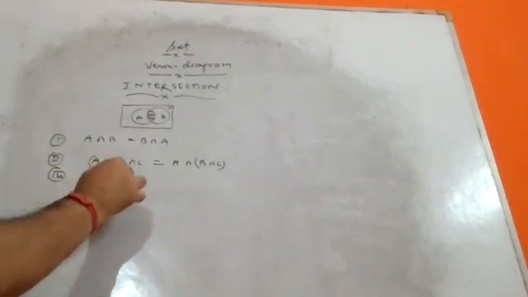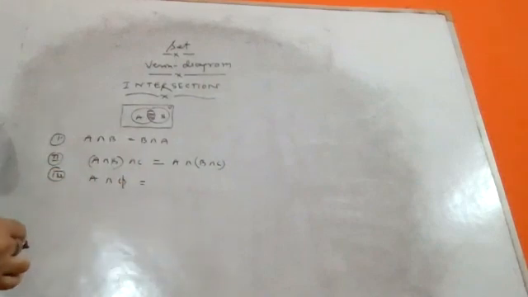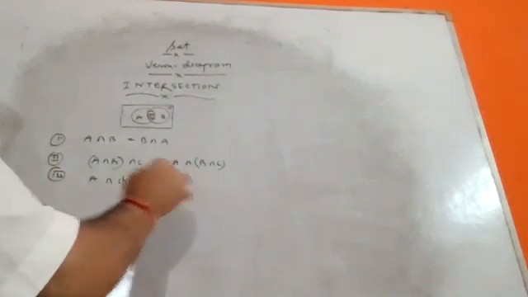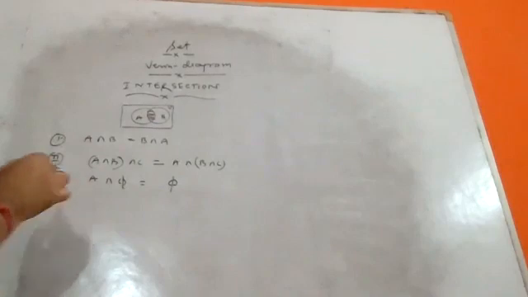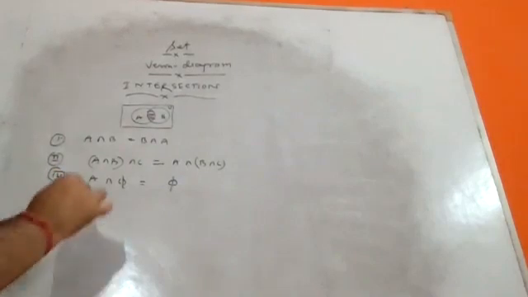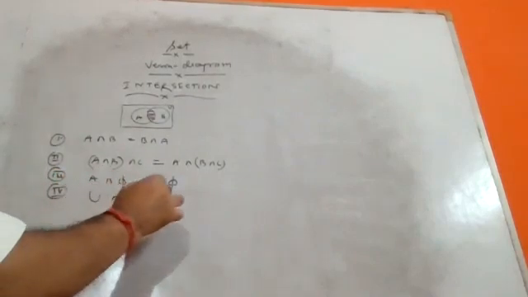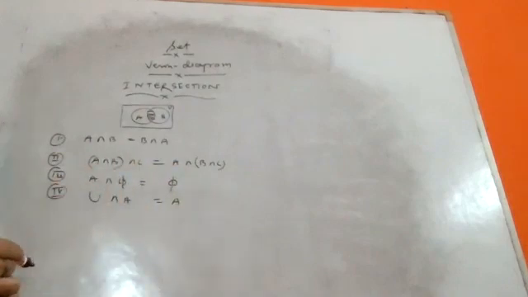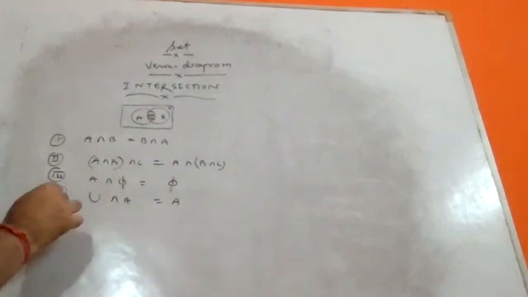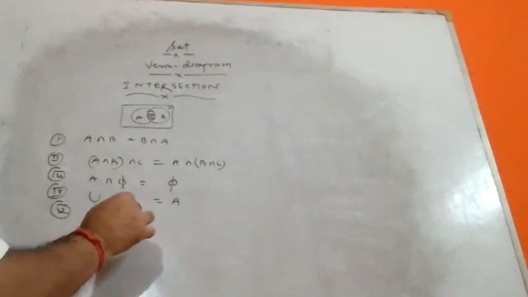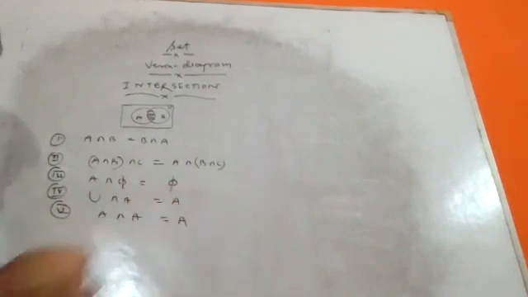A intersection phi. What is the common between A and phi? You can say that is phi. Fourth, universal intersection A, that is A. And the fifth property, A intersection A, that is A.